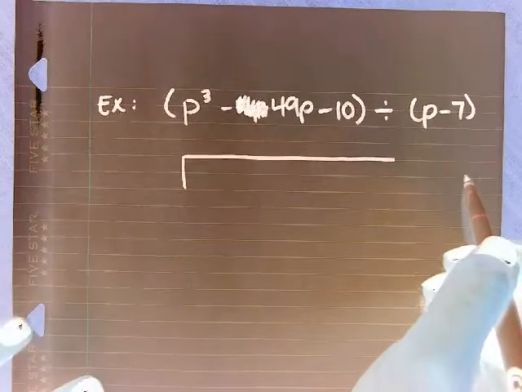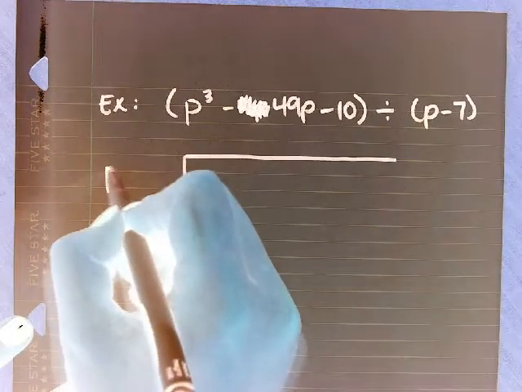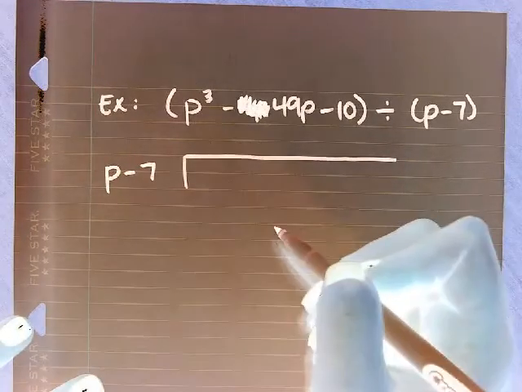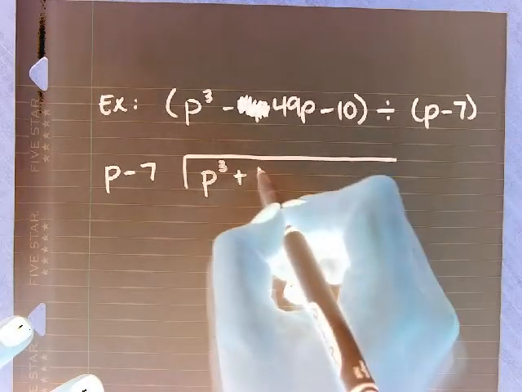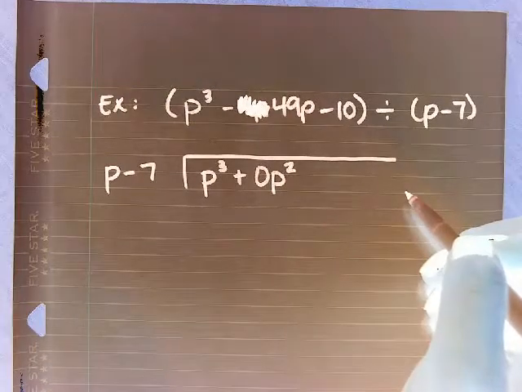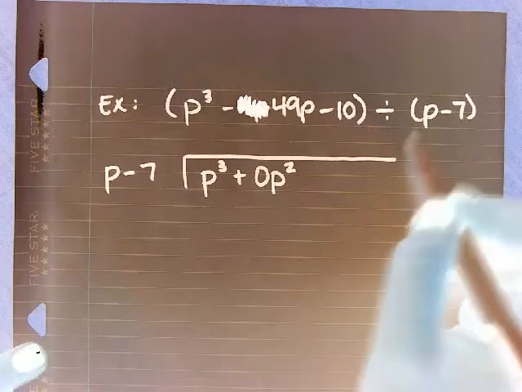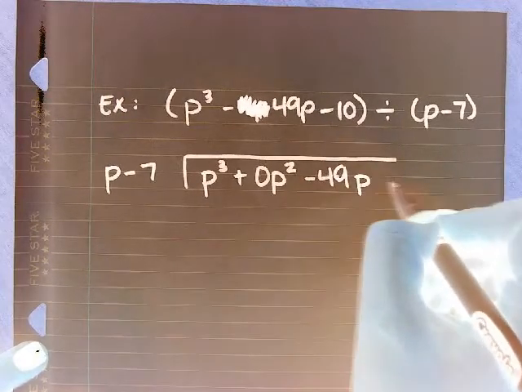All right, we plug in a 0 for that. So in the front, I'm going to put p minus 7. And then inside, I'm going to put p to the third plus 0p squared. So if it doesn't have it, I have to put a 0 in. And then I can do minus 49p and then minus 10.